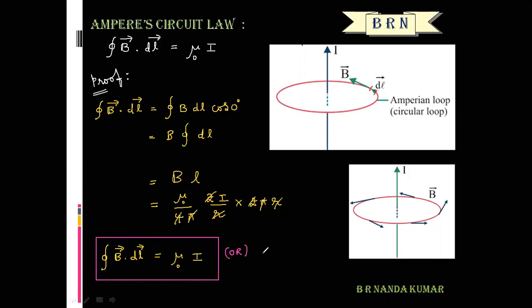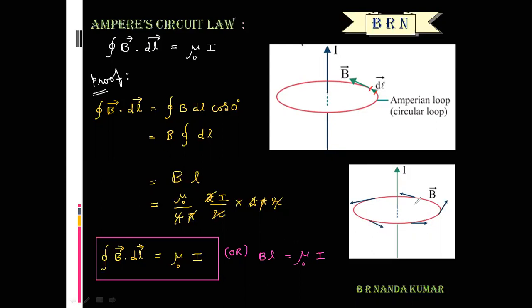So one more mathematical expression is also there, that is B L is equal to mu naught I. This is the simplified mathematical form of Ampere's circuit law. So what is the simplified form of Ampere's circuit law?